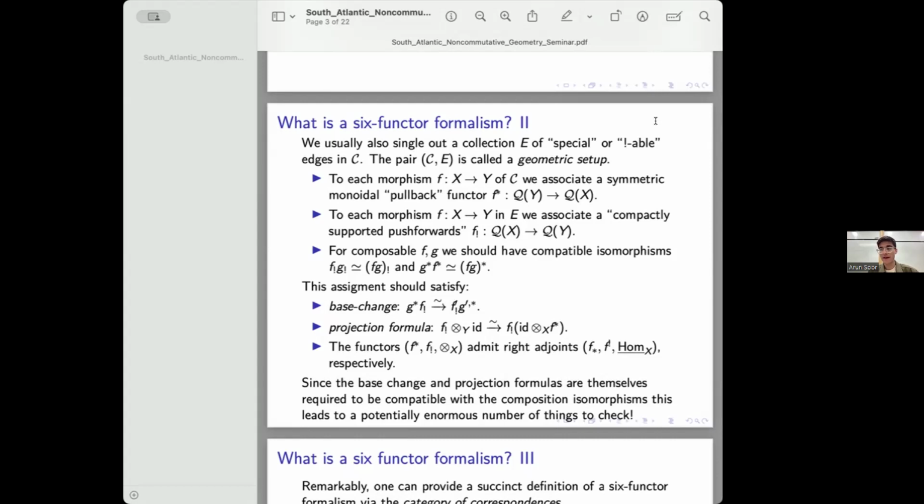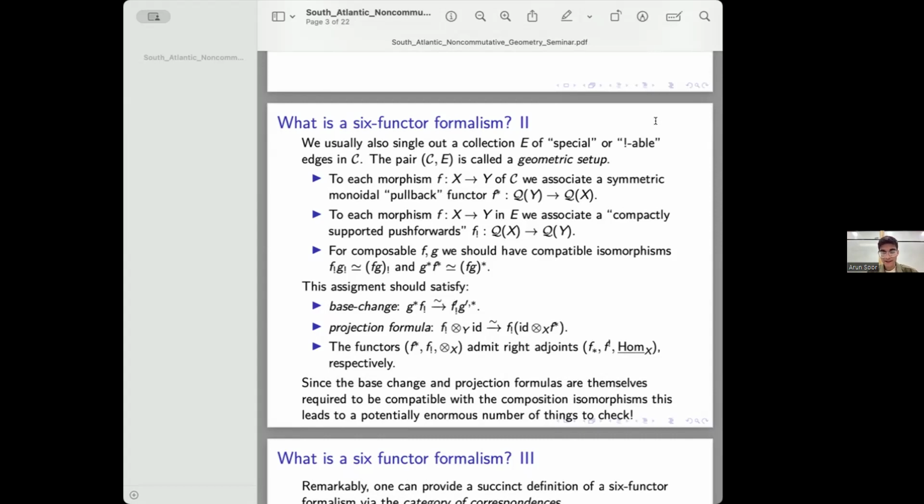So this compactly supported pushforward is supposed to bootstrap these good properties to a much larger class of morphisms. Then for composable f and g, these associations should be compatible with composition. So you should have f lower shriek, g lower shriek is (fg) lower shriek, and g upper star, f upper star is (fg) upper star.